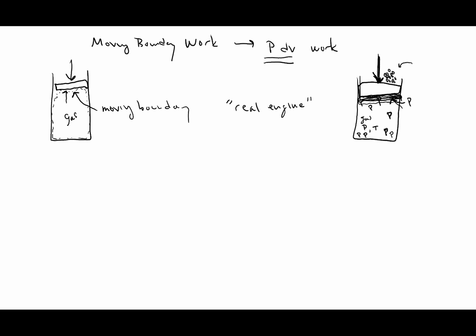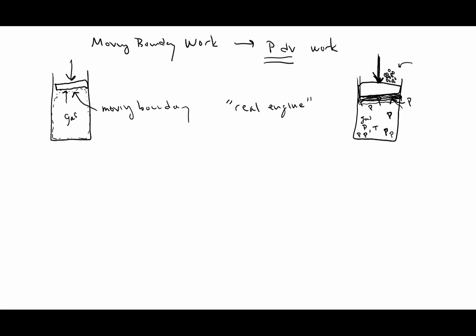So if we have a real engine, and a real engine would be defined as an engine with a piston cylinder that's having expansion and compression of gas happening very quickly, we can't actually determine the boundary work in those particular engines because the piston is moving too fast.